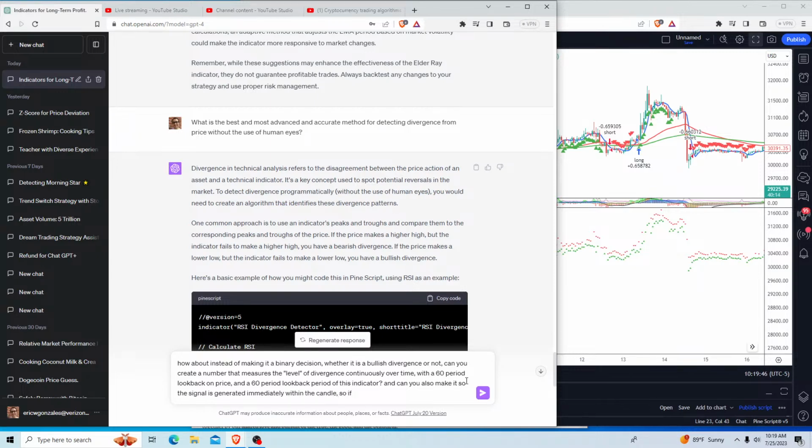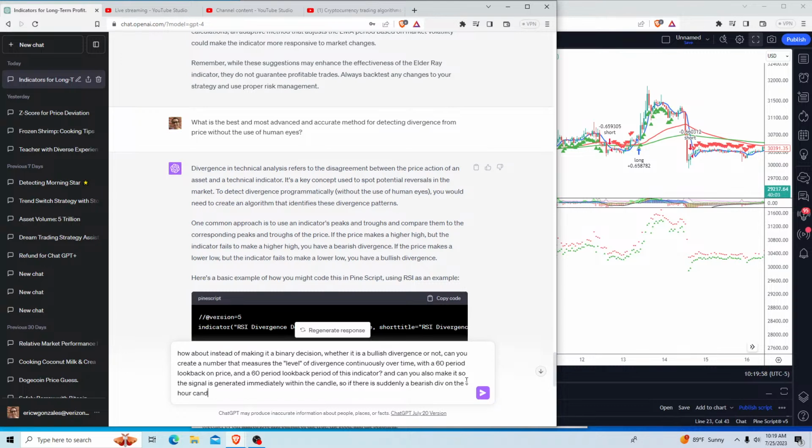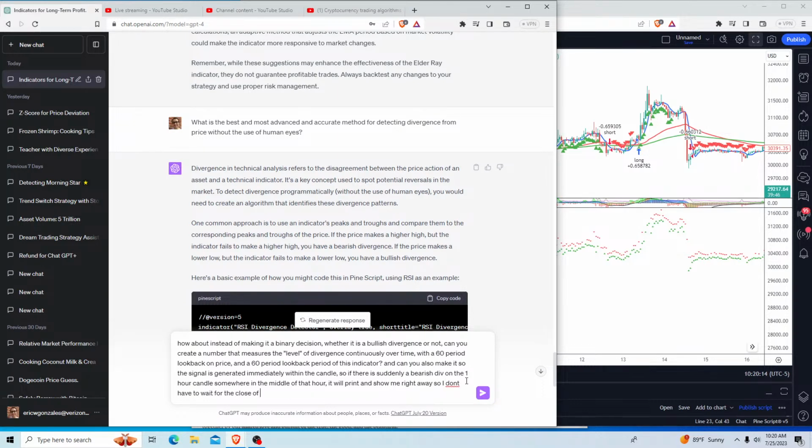So if there is suddenly a bearish div on the 1 hour candle somewhere in the middle of that hour, it will print and show me right away, so I don't have to wait for the close of the candle to get in on the trade.